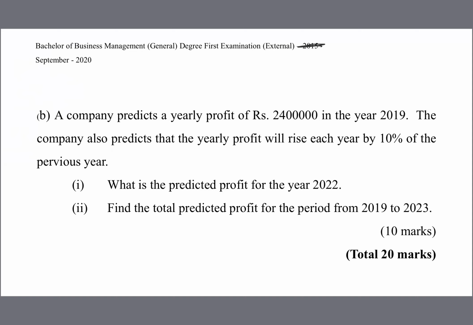So the question, we know the question, right? A company predicts a yearly profit of rupees 240,000, no? What is the amount? 1, 2, 3, 4, 5 zeros.